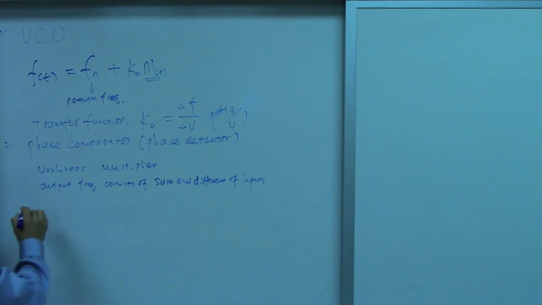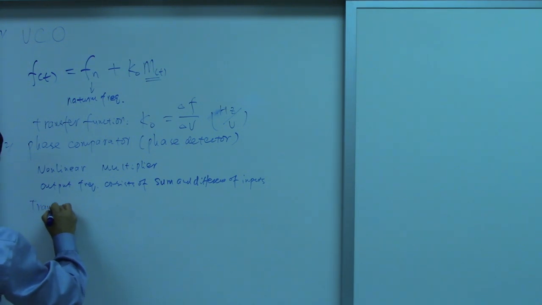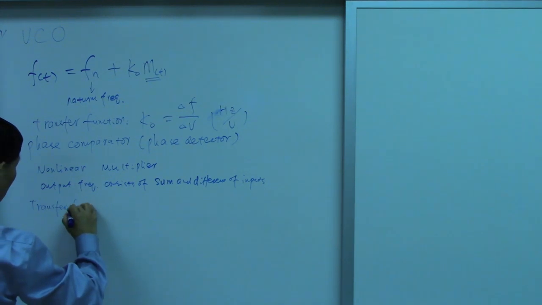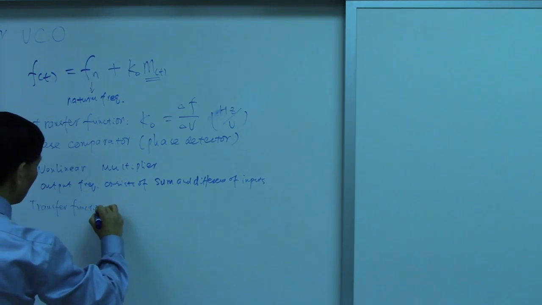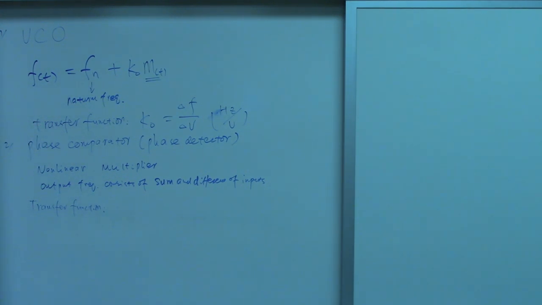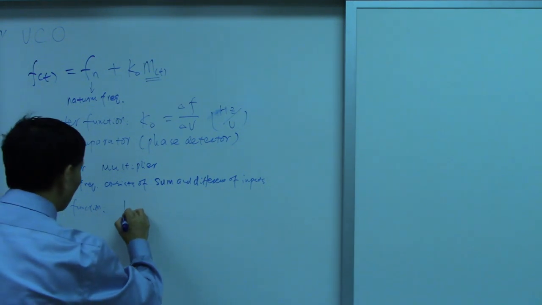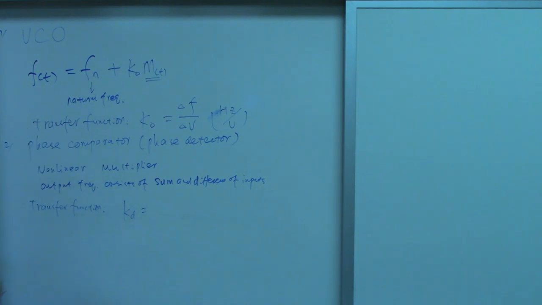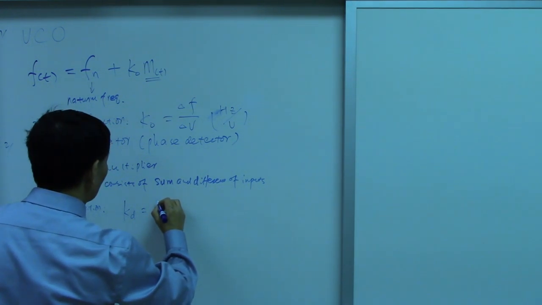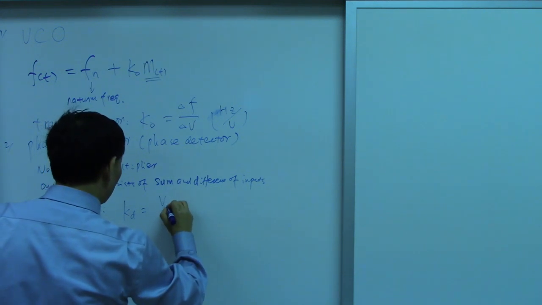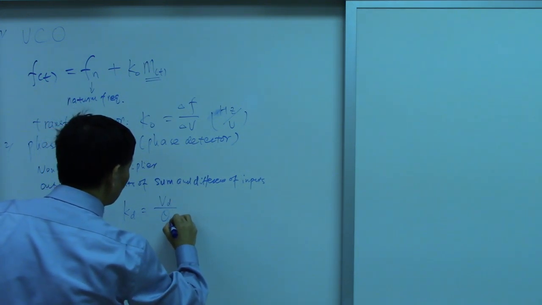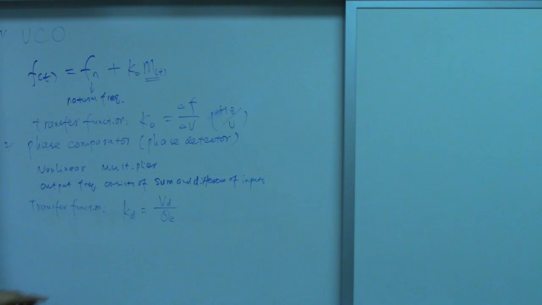And the transfer function, again the output divided by the input, is KD for this detector, and equals VD divided by delta E. Delta E is the error in the phase, meaning the phase difference.